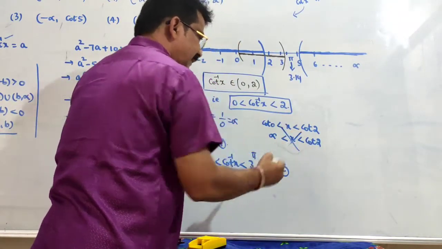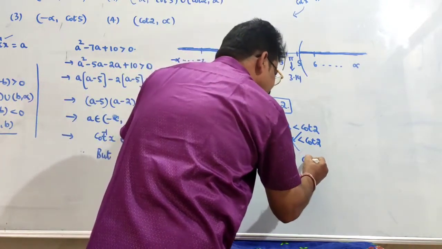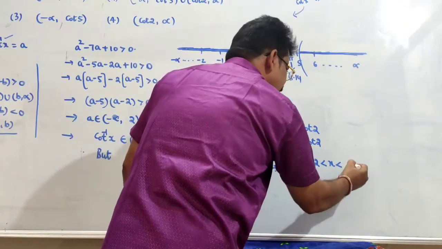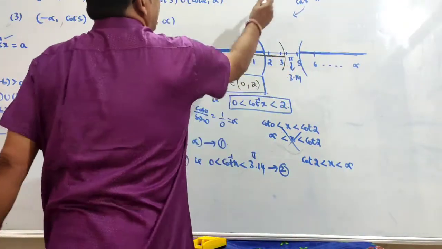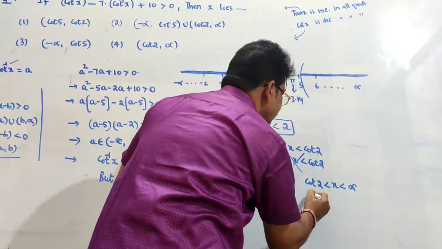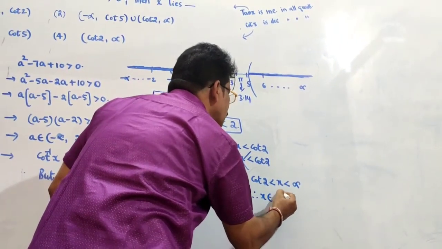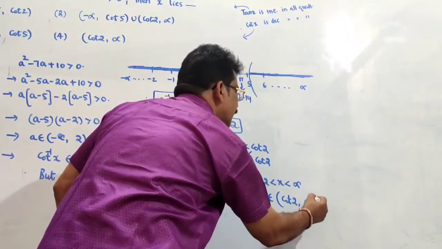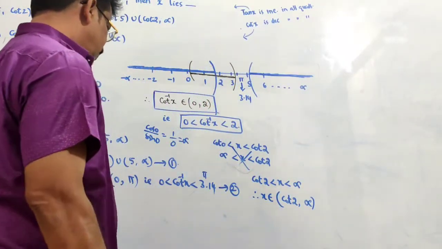Write like this: cot 2 less than x less than infinity, because it is a decreasing function. So therefore x belongs to the open interval cot 2 comma infinity.